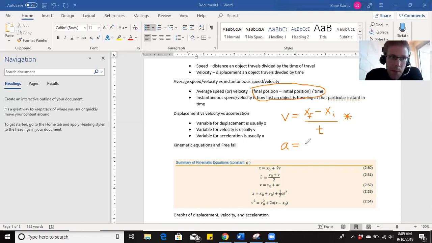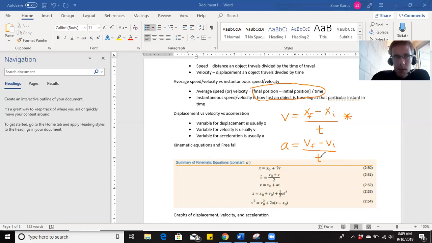Acceleration is basically how much you are speeding up by over a certain amount of time. You might have heard car commercials say that this car accelerates from 0 to 60 in 4 seconds or something like that. Acceleration is equal to your final velocity minus your initial velocity divided by the time it took.